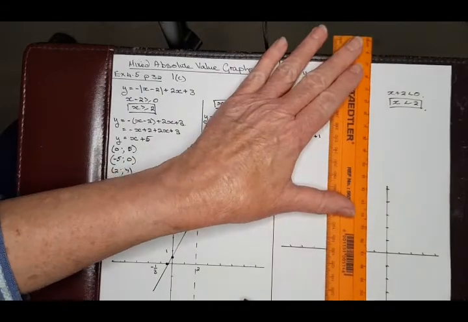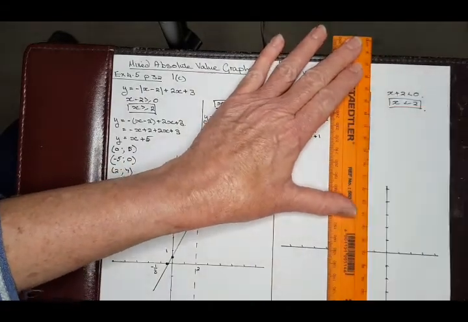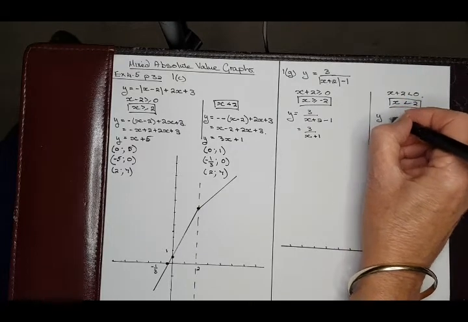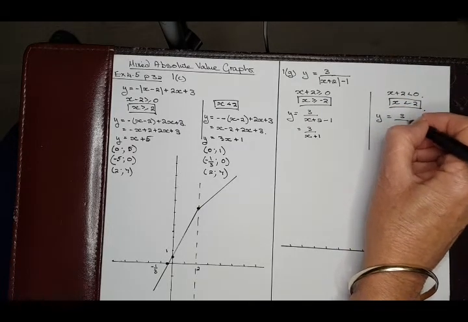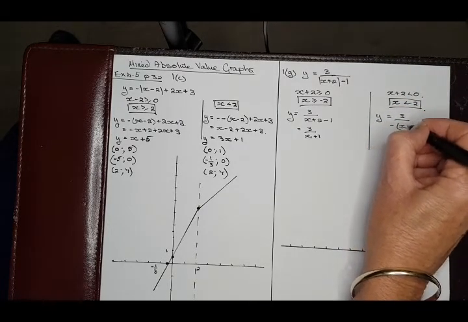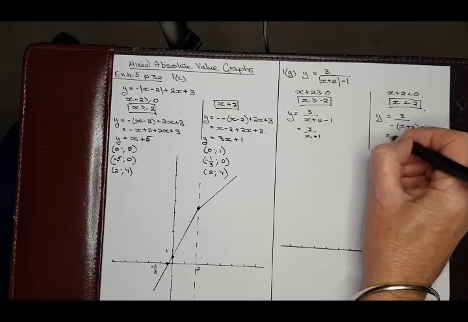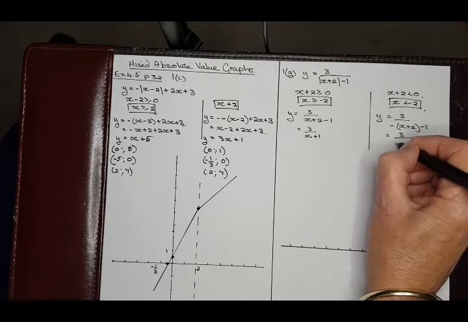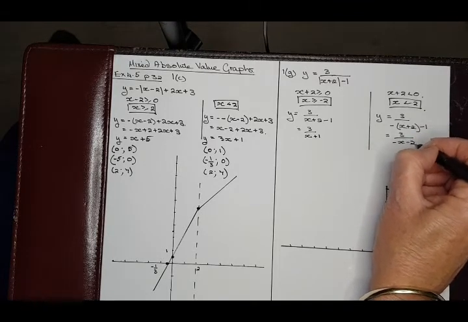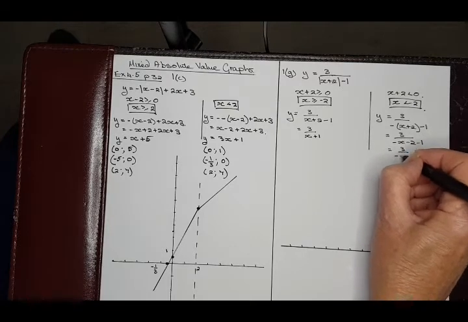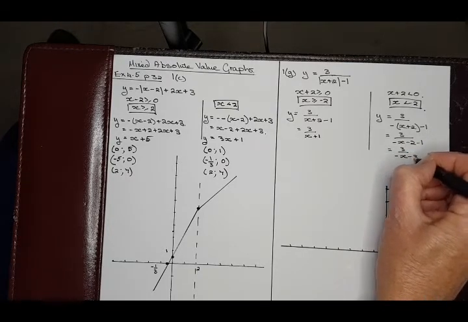On this side over here, as I drop the absolute value, I'm going to put a minus in front. So it's 3 over negative x plus 2 minus 1. So we land up with 3 over minus x minus 2 minus 1, which is 3 over minus x minus 3.